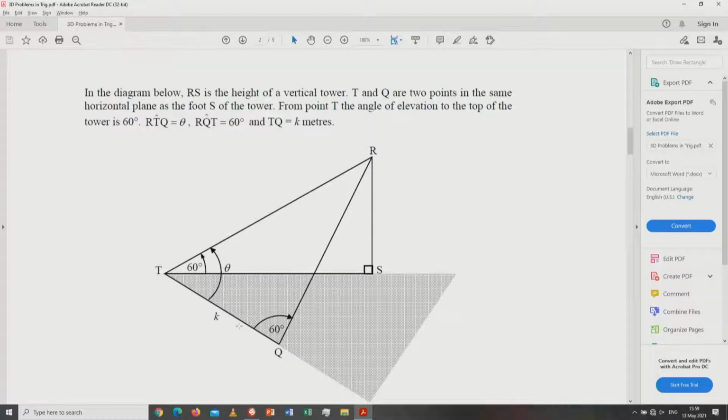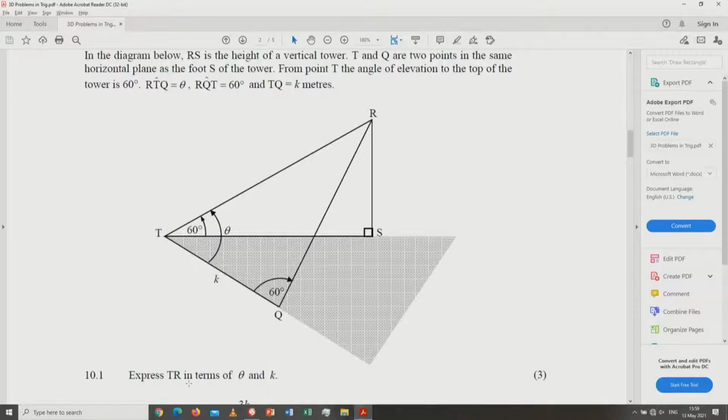Now, there comes the question. Let's go. Express TR in terms of theta and K, for 3 marks. It's the first question. Use the information given. Here is theta, here is K. What does that mean?